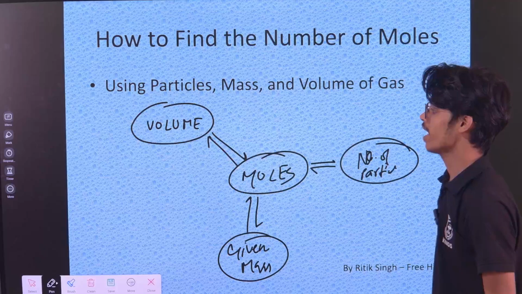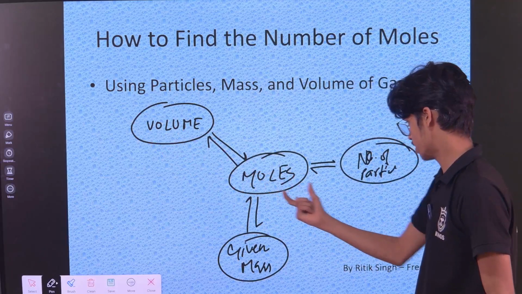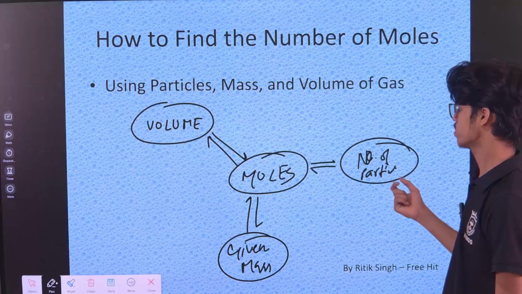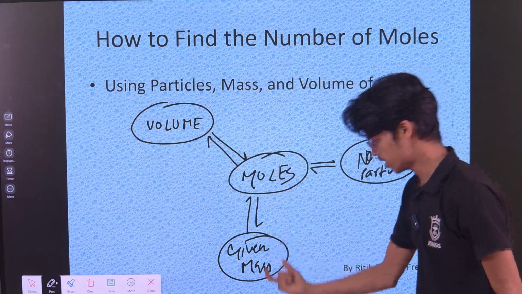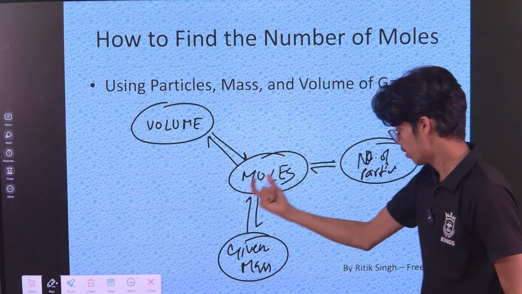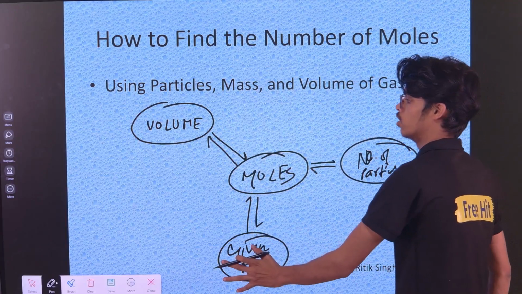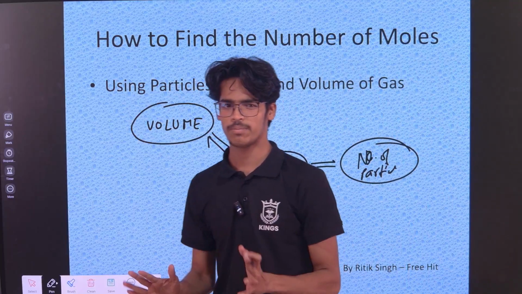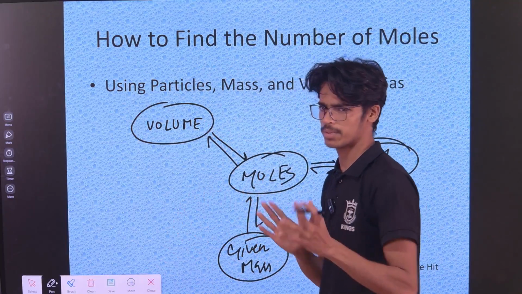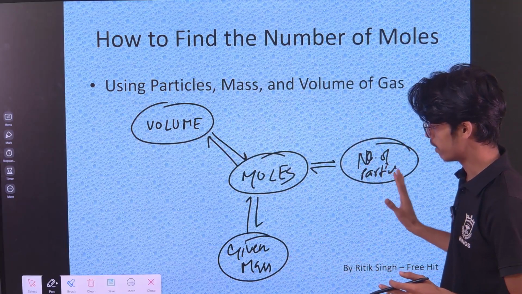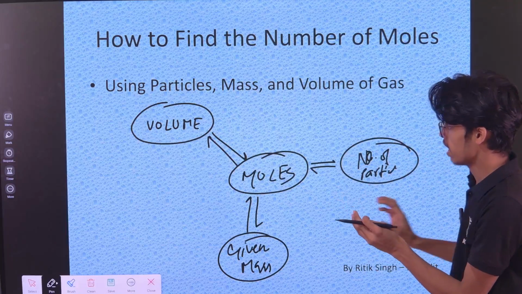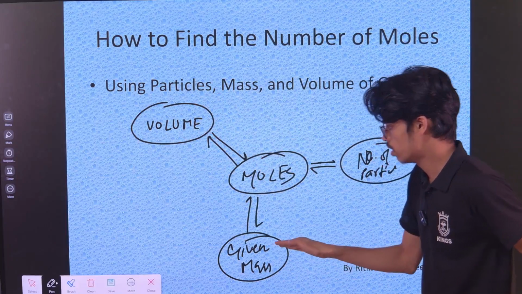If somebody asks you volume by giving you number of particles, go to moles and then to volume. If somebody is asking you mass by giving you number of particles, go to moles and then to mass. This way you can solve almost 70% to 75% of the problems of moles. Remember, you have to go through moles.